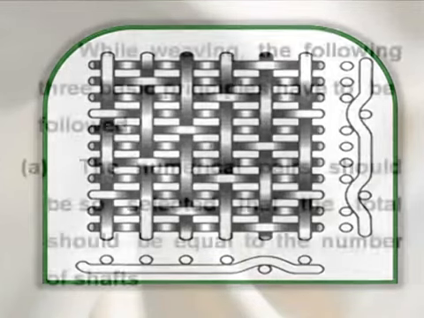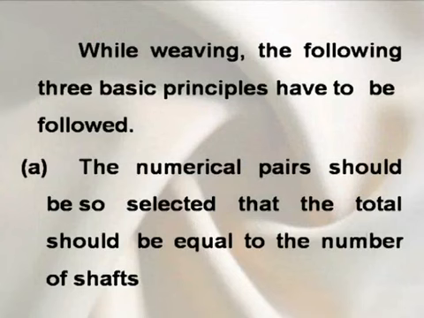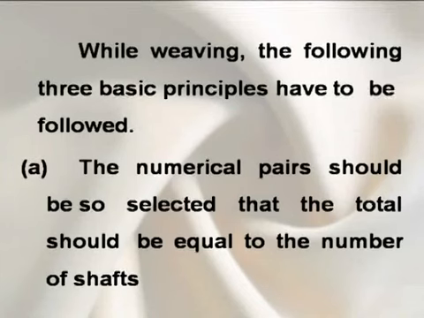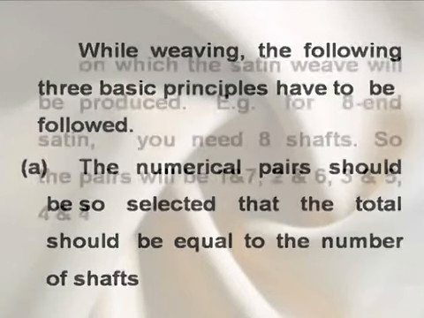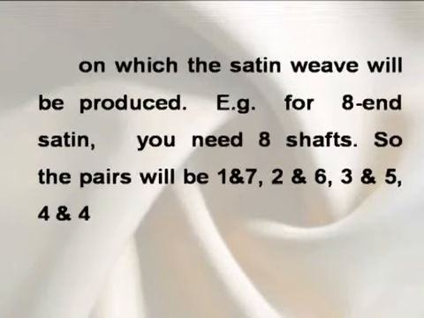While doing sateen weaving, the following 3 basic principles have to be followed. A. The numerical pairs should be so selected that the total is equal to the number of shafts on which the sateen weave will be produced.